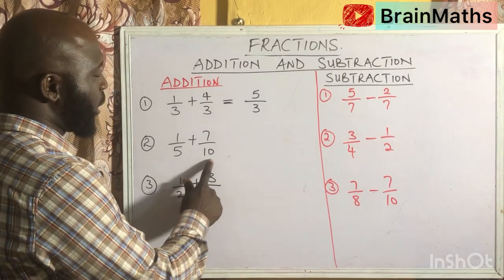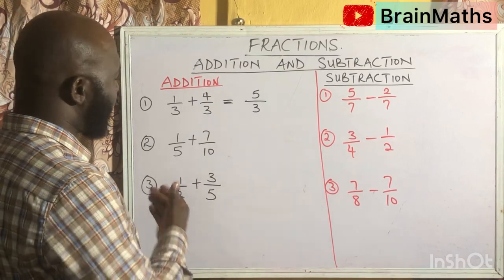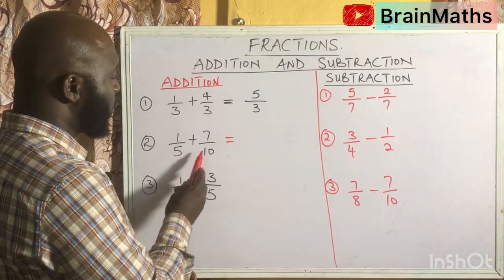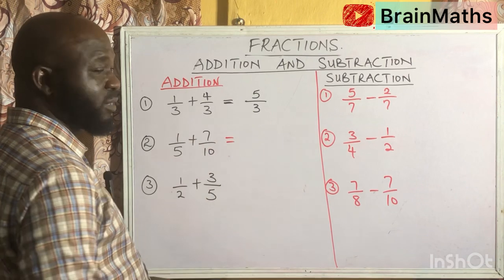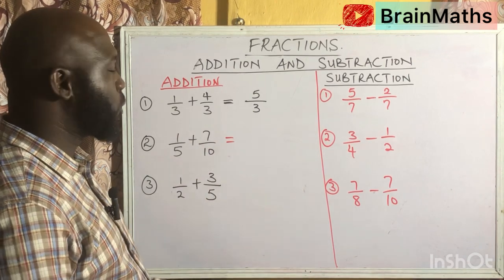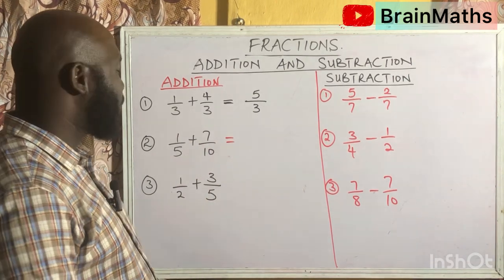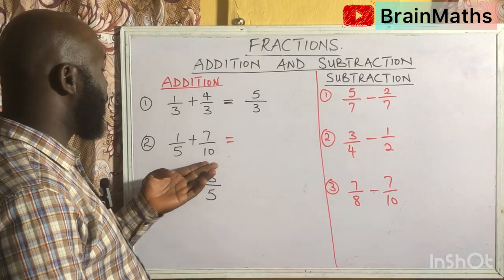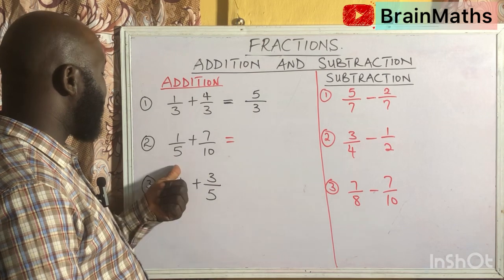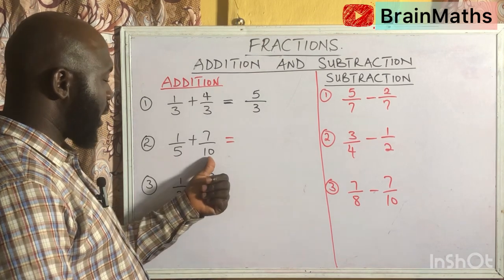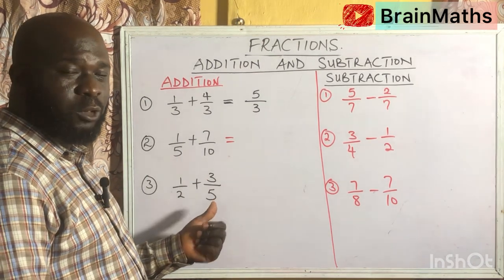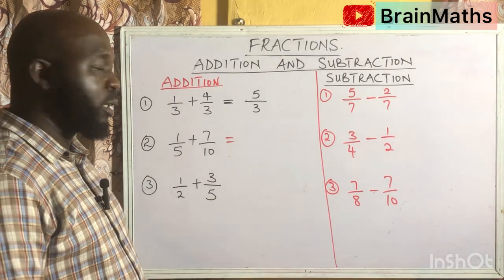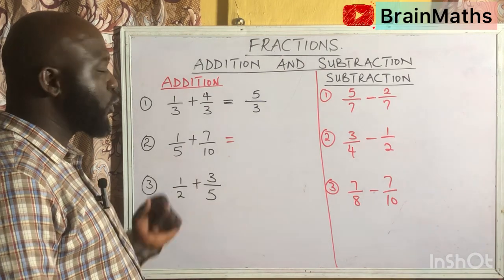But when the denominators are not the same, like we are given in the second question, you see that we have 1 over 5 plus 7 over 10. Then the next thing we'll do is to find the LCM. And finding the LCM simply means we want to look for a number that we can get 5 from, we can also get 10 from. So the possible way we test our LCM is to first look at the two numbers given to us.